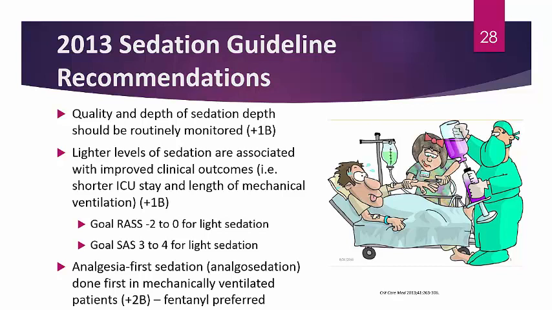Whenever you're at -3 or below for the RASS scale, or at 1 or 2 for the SAS scale, those are considered deep sedation. So these are essentially your goal RASS and SAS for light levels of sedation.